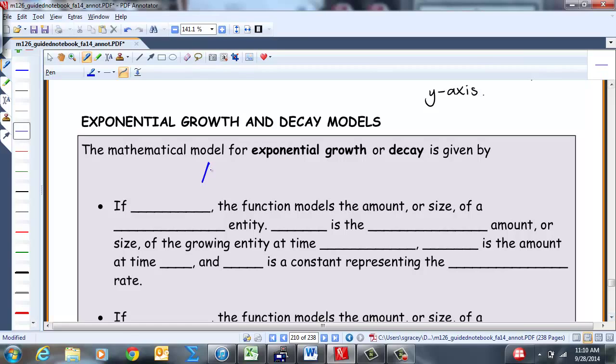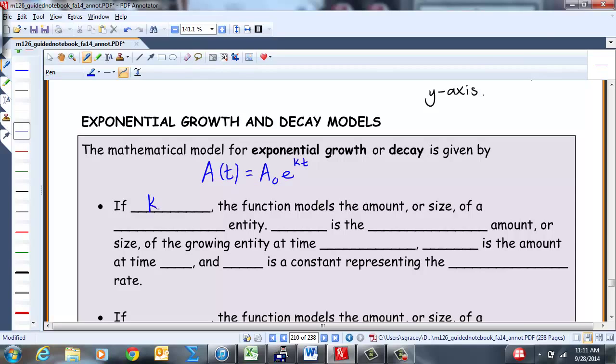If you do A at t is equal to A0, some initial amount, times e raised to the k times t, you're going to see N at t equals N0 e to the kt. You may see P at t equals P0 e to the kt. It's all the same. Now, if k is positive, you're going to have a growth function. If k is negative, you're going to have a decay function, like we saw in the warm-up.